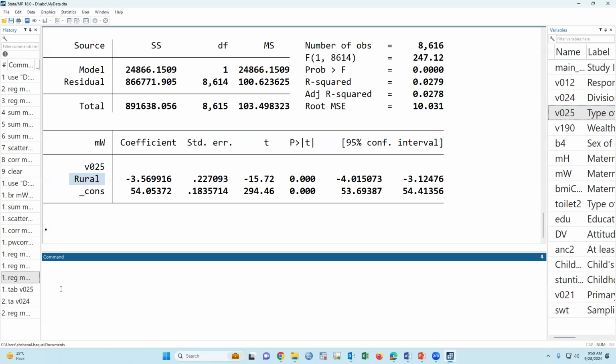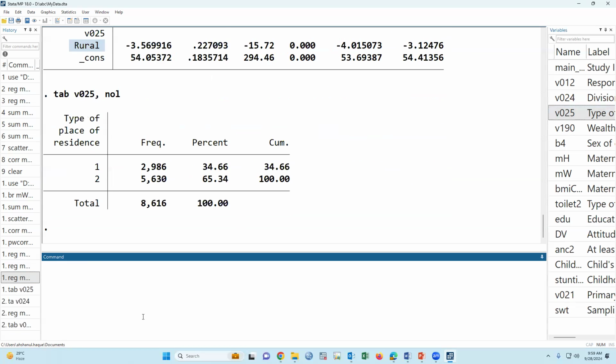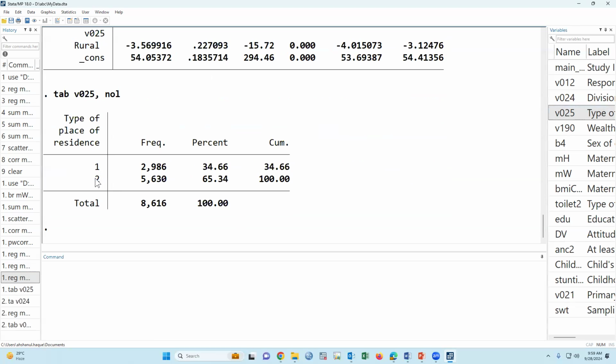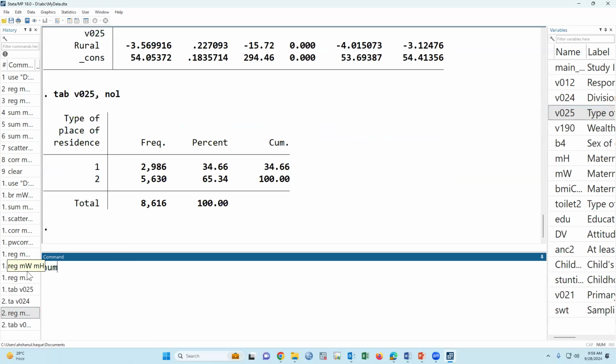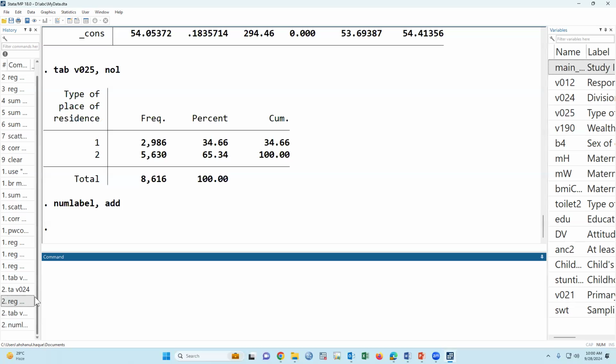So tab, 1 means urban, 2 means rural. Then if we use the command numlabel, comma, add, then we can see value as well as label. Okay.